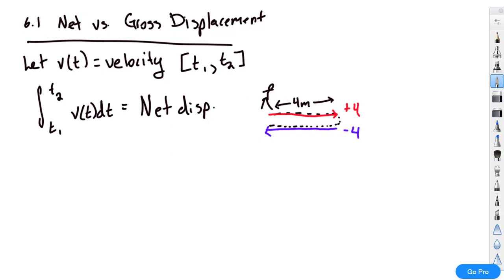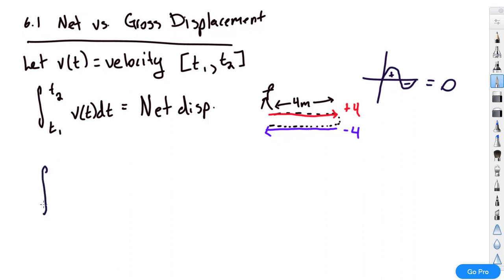So, if we were to draw a graph of this person's velocity, it would look something like this. And then for the net displacement, we'd have the positive displacement and the negative displacement, so it would equal 0. They'd end up exactly where they started.